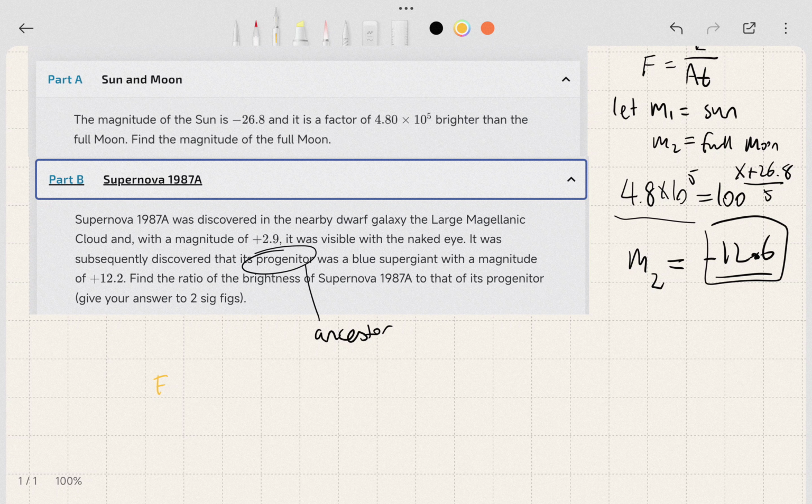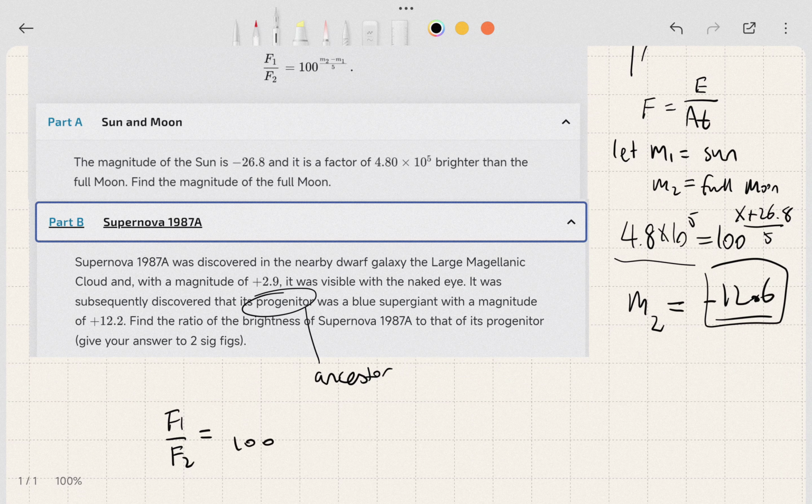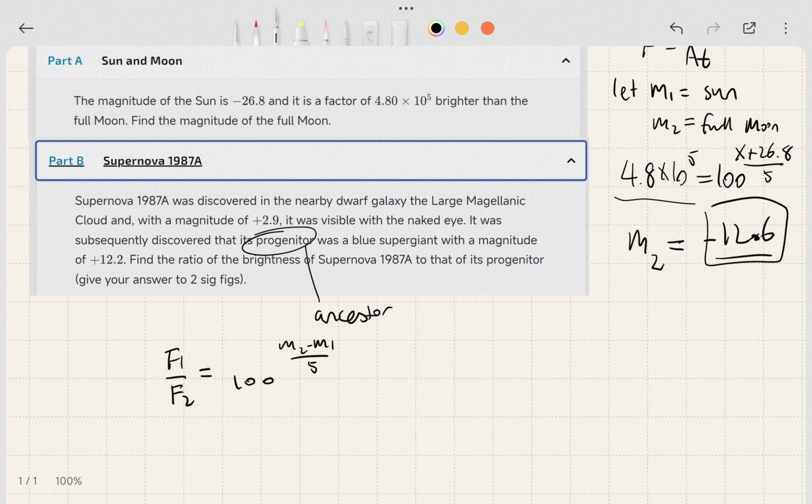So F1 divided by F2 is equal to 100 to the power of M2 minus M1 divided by 5. We want to find what F1 over F2 is. F1 is the brightness of the supernova, and F2 is the brightness of the progenitor.